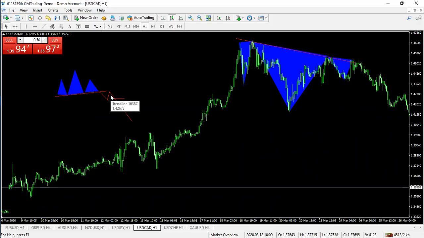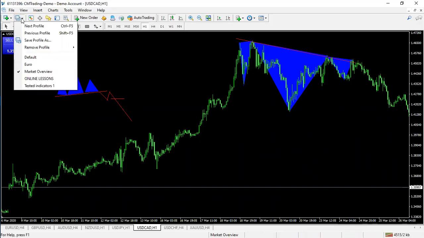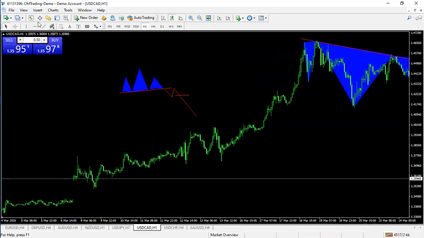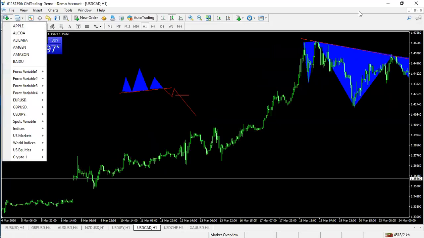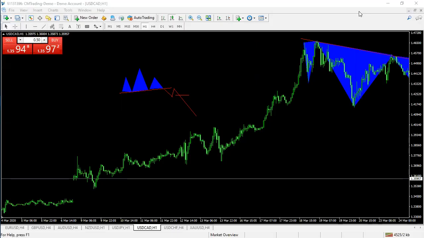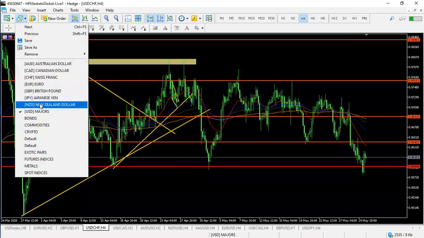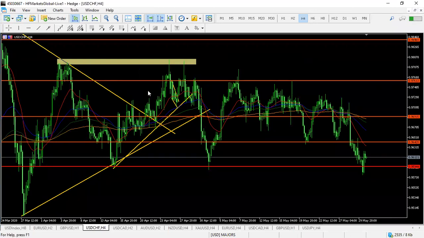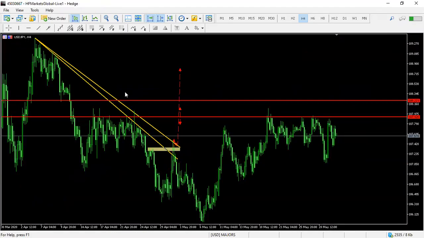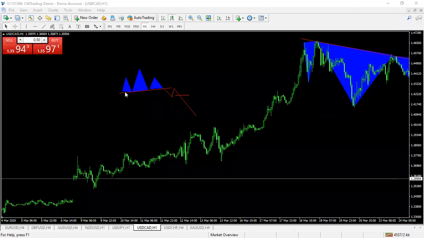There is one on NZD CHF. Okay, let's just go for it. It's playing slowly. It has been a while. Let me just look at it. NZD CHF is loading. Just a minute while it loads.